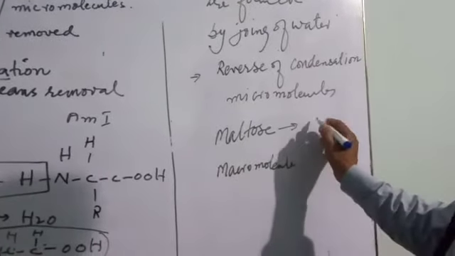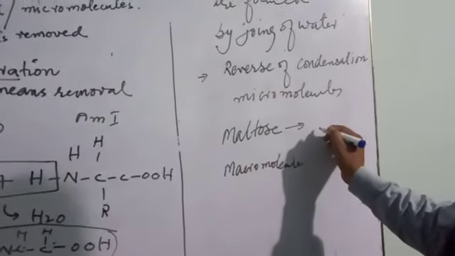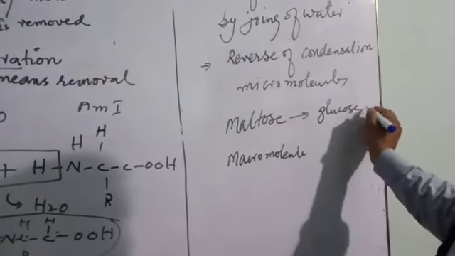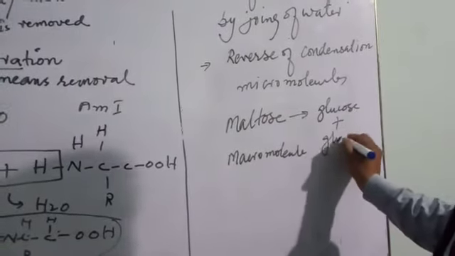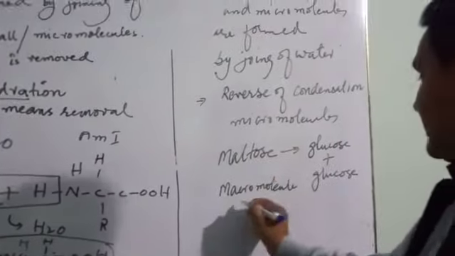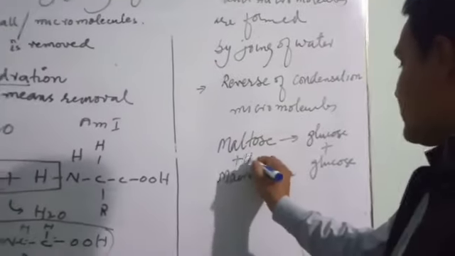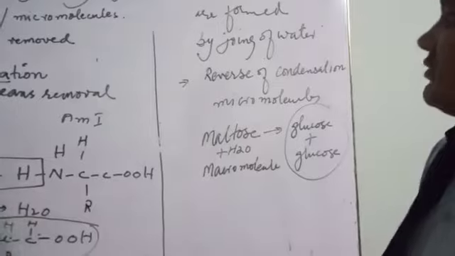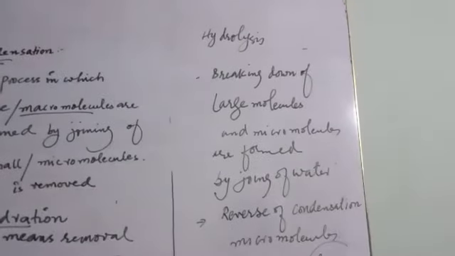It can be converted into micromolecules, glucose plus glucose, by the addition of water. That process is called hydrolysis.